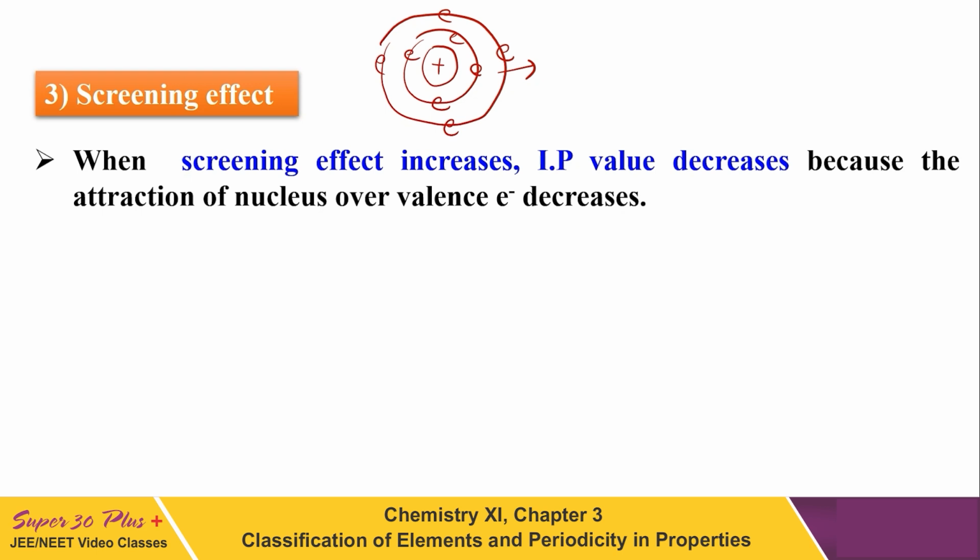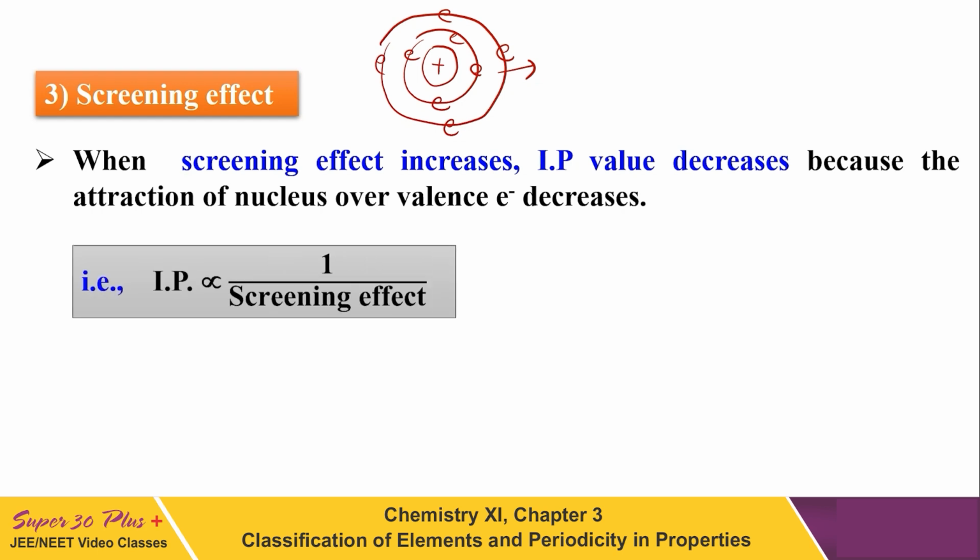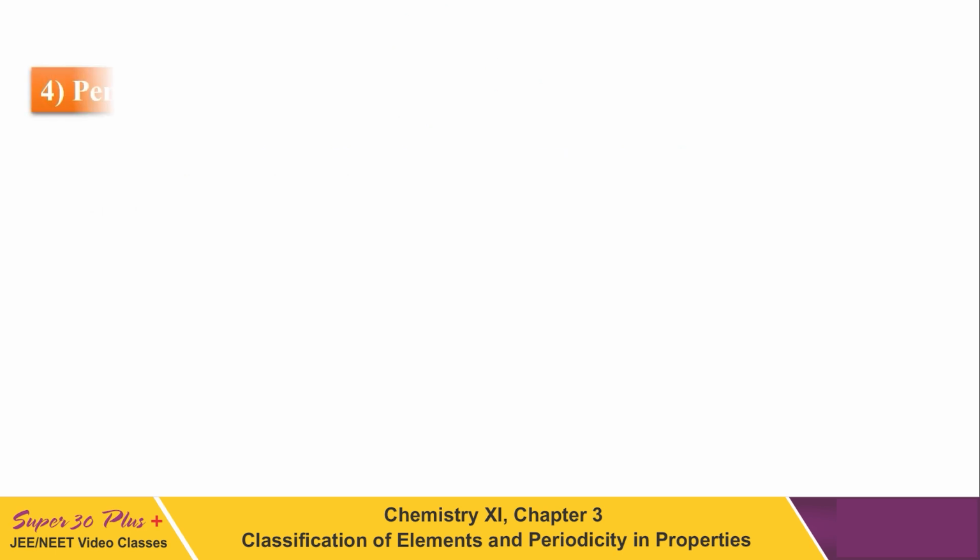Now we can understand, if the screening effect increases, which is the repulsion of the inner electrons to the outer one, definitely size will increase. And if the size increases, it will be easier to remove an electron. So IP is proportional to 1 upon screening effect. Greater the screening effect, lesser will be the value of IP.